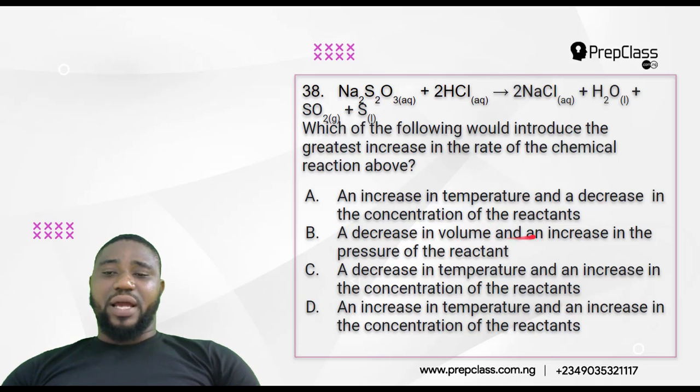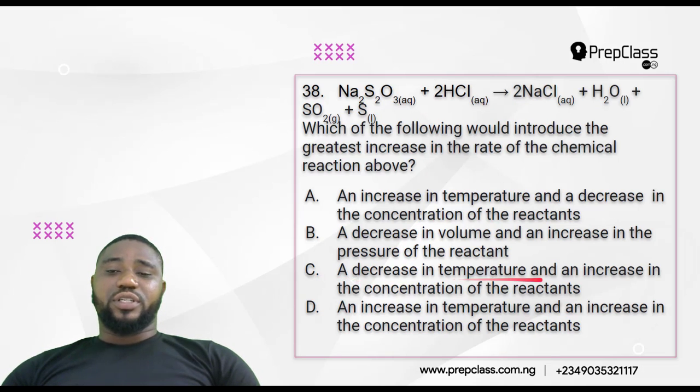B. An increase in volume and an increase in pressure of the reactant. Pressure will have no effect here, because for pressure to have an effect on a system, they must be in gaseous form. Since they are not in gaseous form, with the exception of sulfur dioxide, the rest are in liquid and aqueous form. So pressure will not have any effect.